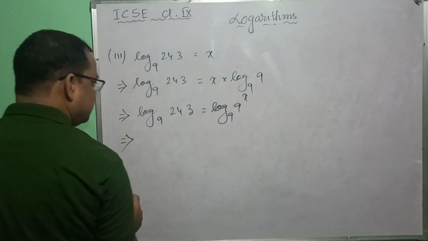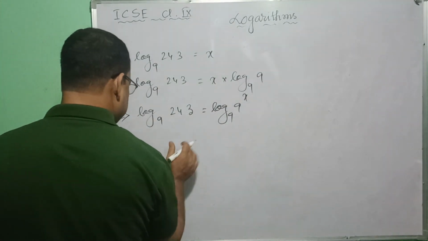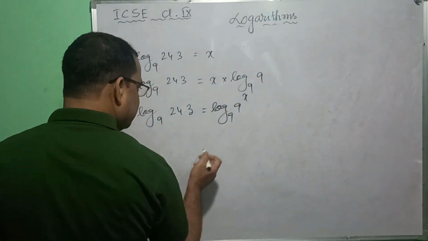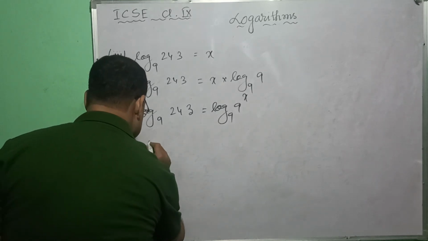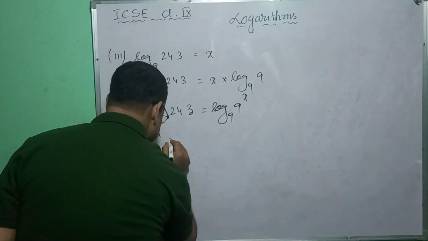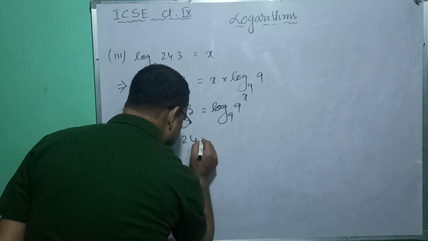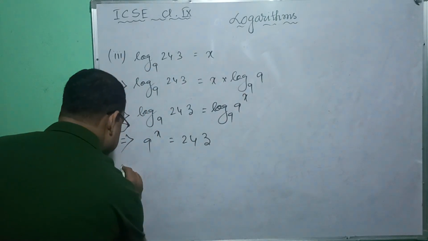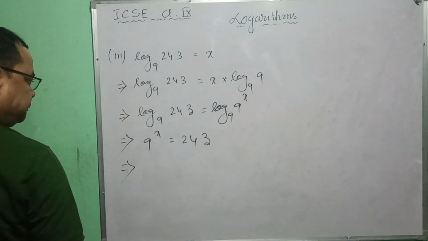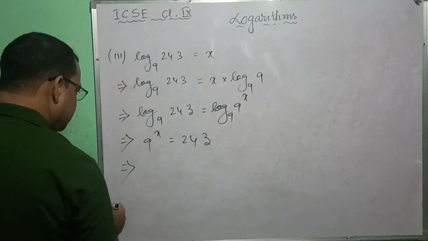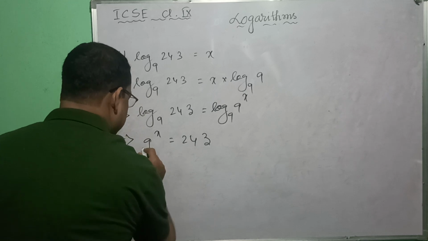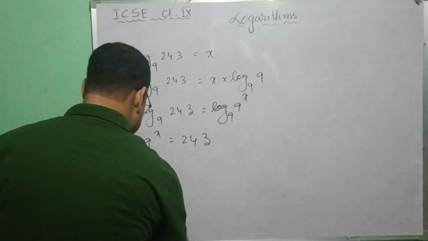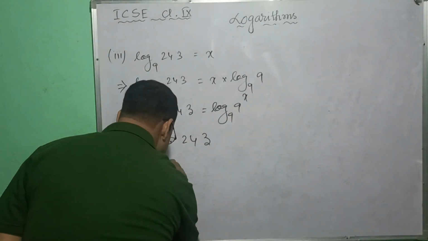This implies, now we can remove log from both sides. So we can write 9 to the power x equal to 243. This implies 3 to the power 2x equal to, as 9 is 3 square, so we can write 3 to the power 2x.